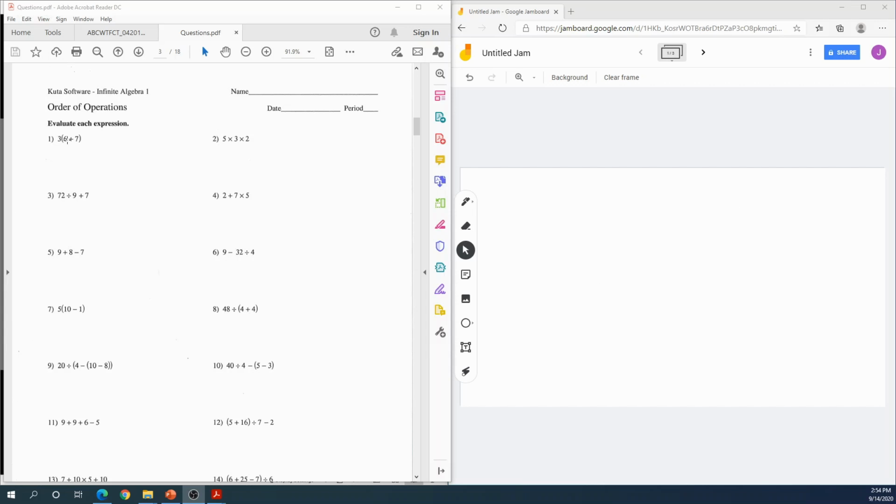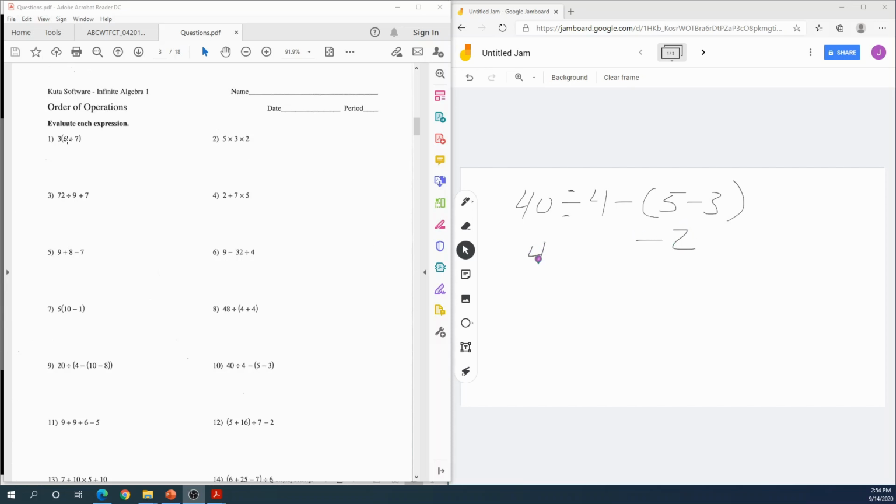Let's jump over to problem number 10. Here we have 40 divided by 4 minus, parentheses, 5 minus 3. So going back to PEMDAS, parentheses first, 5 minus 3 is equal to 2.